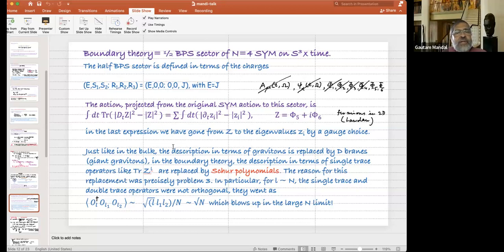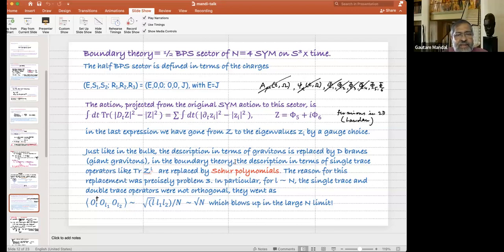Okay, so the point here is that you saw that single traces, which are usually the description of gravitons, may not be the right thing now to describe giant gravitons. Okay, in the bulk, they are replaced by D branes, which are giant gravitons.